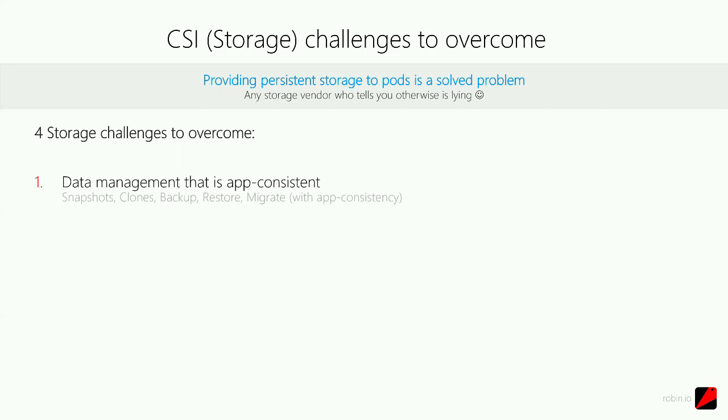Now that's where you start to see some challenges. How do you coordinate and create an application consistent snapshot that spans multiple partitions, multiple disks, multiple nodes, and so on? So that's the first challenge that needs to be overcome, because without data management, running a database is just going to be a toy deployment.